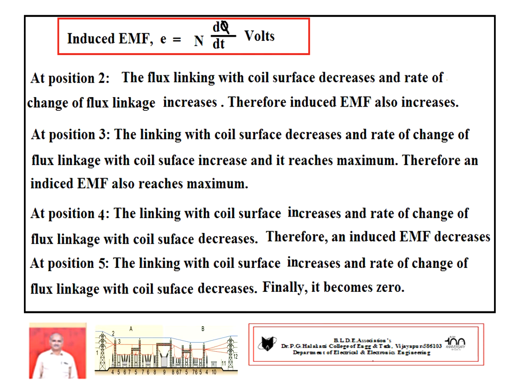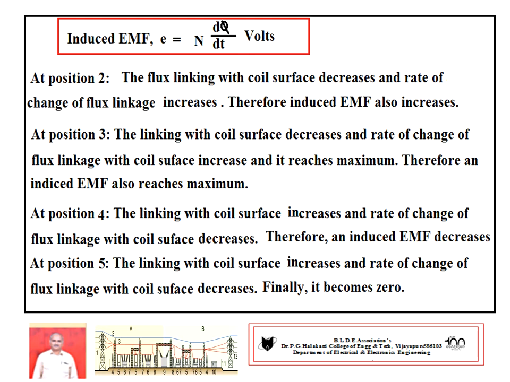While explaining, remember this expression: induced EMF equals N into d phi by dt, where N is the number of turns in a coil. Now we have considered a single-turn coil, hence E is directly proportional to d phi by dt, which is nothing but the rate of change of flux linkage.